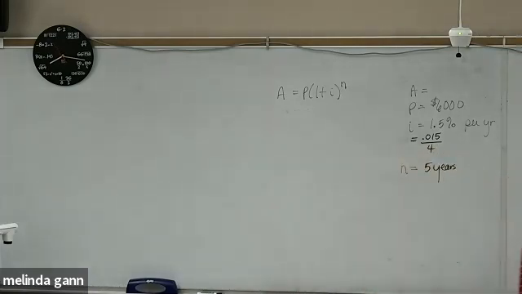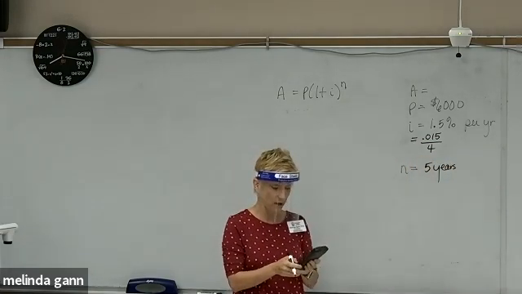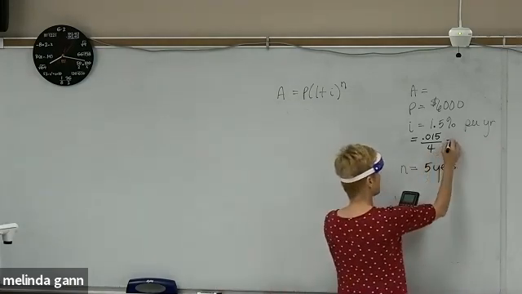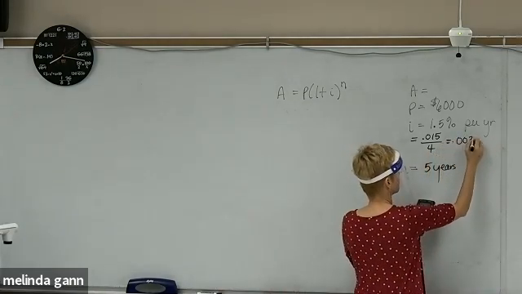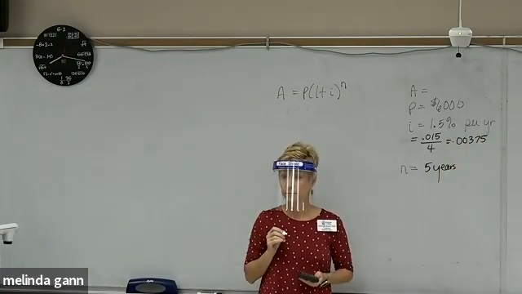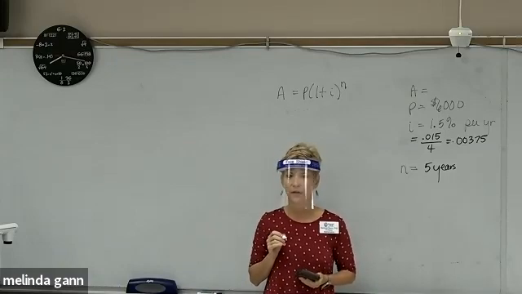All right, so I've got to get my calculator, so you help me. Now don't let me just do it, you need to do it with me. So make sure you got your calculator. So 0.015, and if I divide that by 4, I got 0.00375. See if that's what you got. Okay, because again, me doing it while you're watching is not going to do you any good on a test.